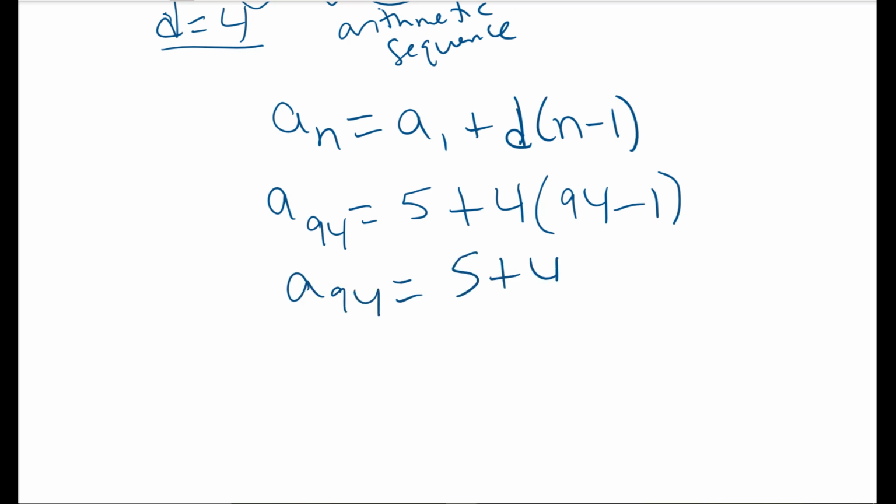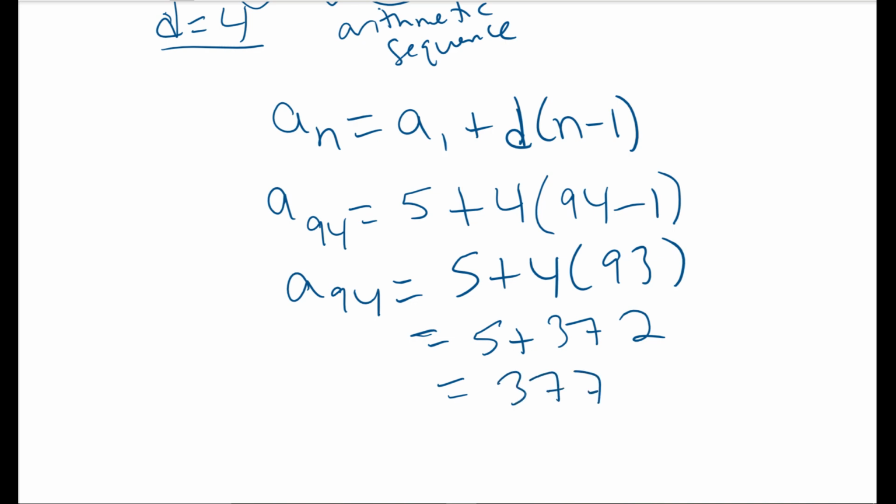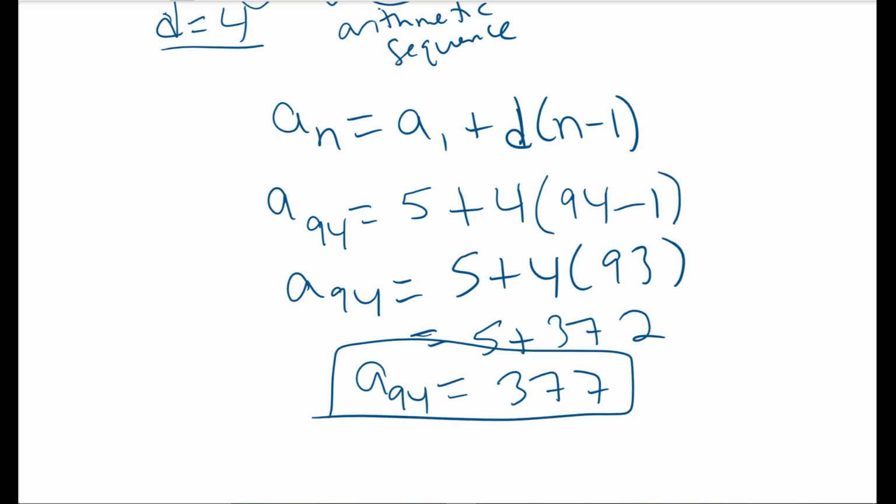So we have 4 times 93, which is going to be 372, if I did that correctly. And then 5 plus 372 is 377. So the 94th term is 377. And that's all you have to do for those types of problems.